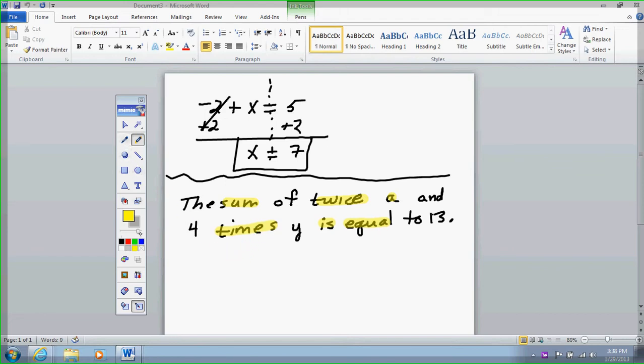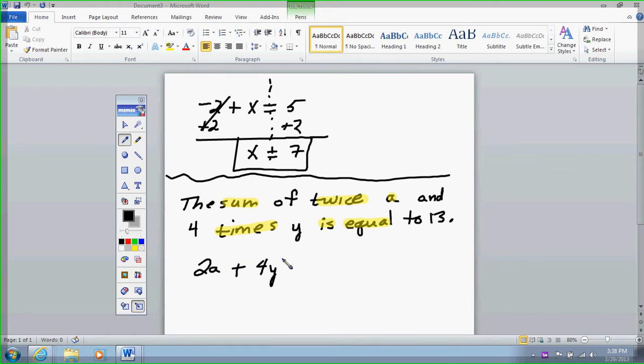So let's take a look at how I would do this. The sum of twice a number, or twice a. The sum, that's plus, of twice a, see, 2 times a, twice a, and 4 times y. Well, 4 times y looks just like that, because multiplication is represented between a number and a variable when they're right beside each other.